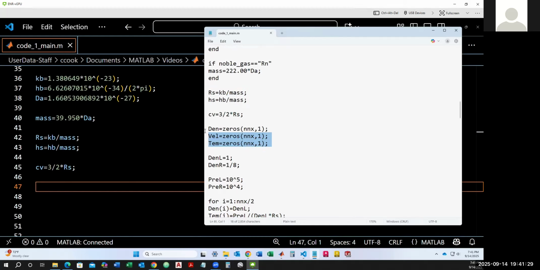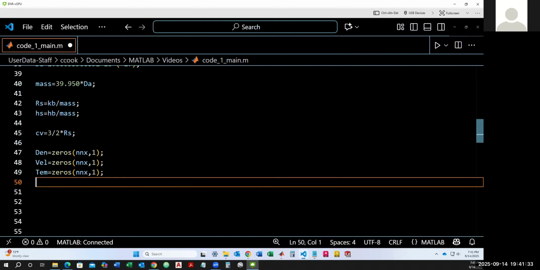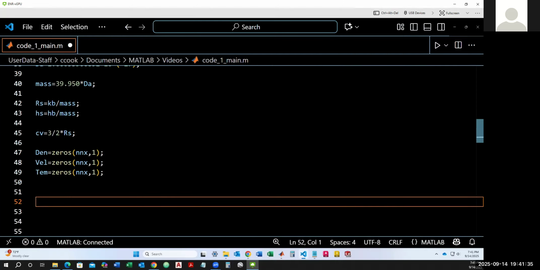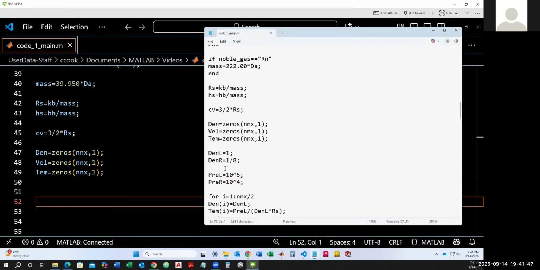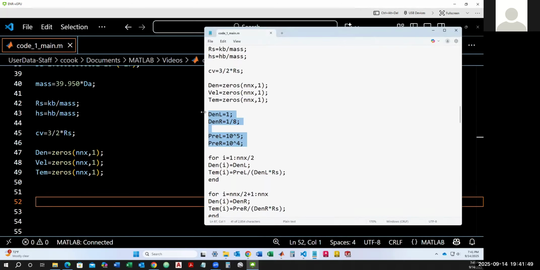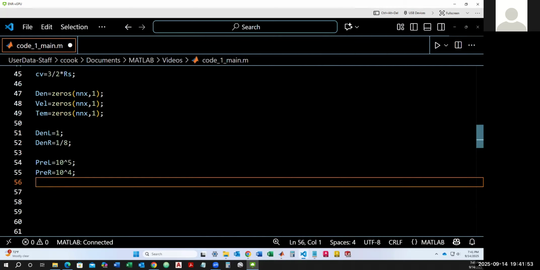We'll next initialize the density, velocity, and temperature. They all have spatial dependence as well as time dependence, so these quantities are going to evolve in time. We're going to simulate the Sod shock tube.